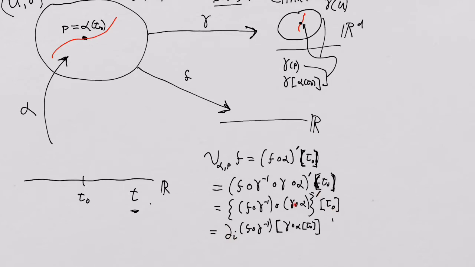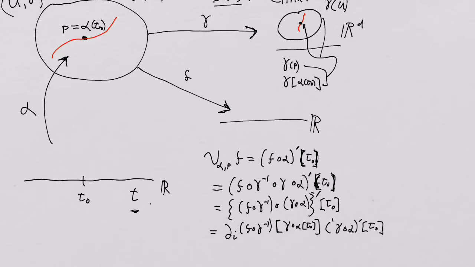So the chain rule is particularly simple here because it's only a function of one variable. So I will multiply it by gamma composed alpha prime, evaluated at T0, like that.